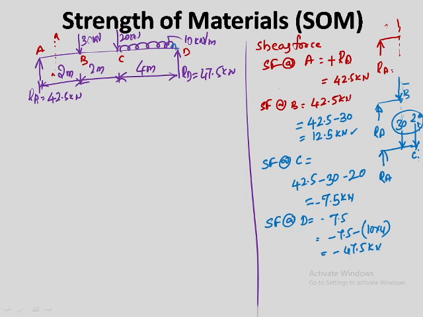You got it? Now the variation is linear here. Suppose you take only a 1 meter span here, so for each 1 meter span you are going to get a different load share. So you are going to get minus 17.5 first, then minus 27.5, then minus 37.5 kilonewton. Right? Now we'll draw the shear force diagram.